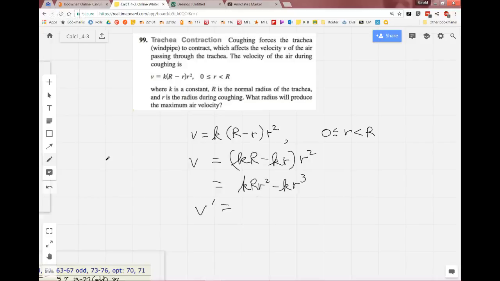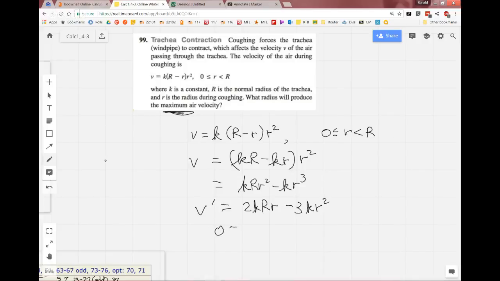So we take the derivative, we get 2kRr, power rule, minus 3kr squared. Okay, now at a maximum, which is what they're asking us for, we should be able to set that equal to 0.